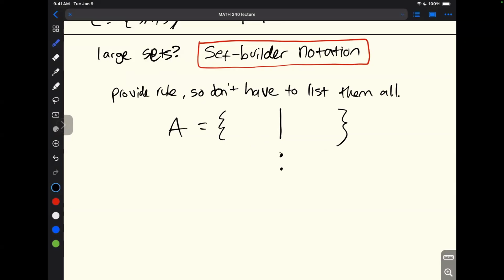I think the book uses the colon. It's equivalent. We have some sort of general statement on the left-hand side, and on the right-hand side, we have some sort of restriction. So the left-hand side is more general, the right-hand side is a restriction. So let's say we want to use set builder notation to describe all the even numbers.